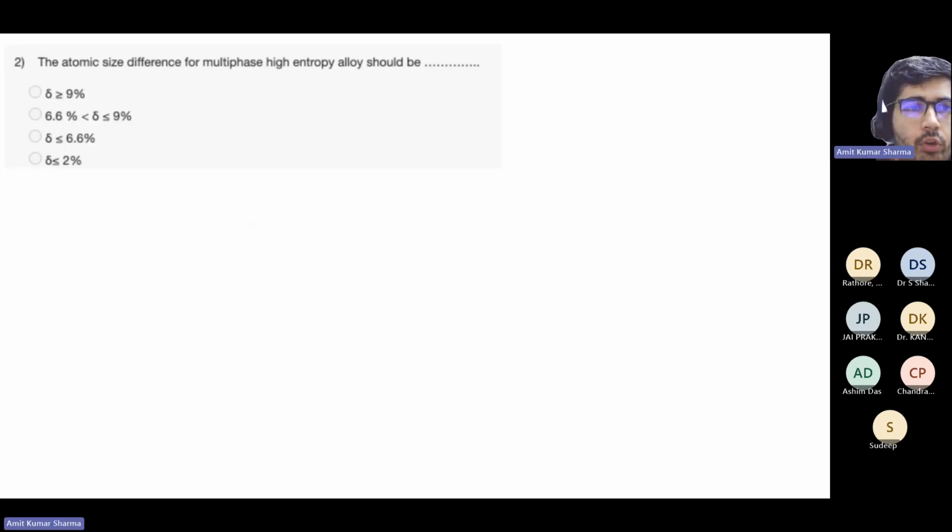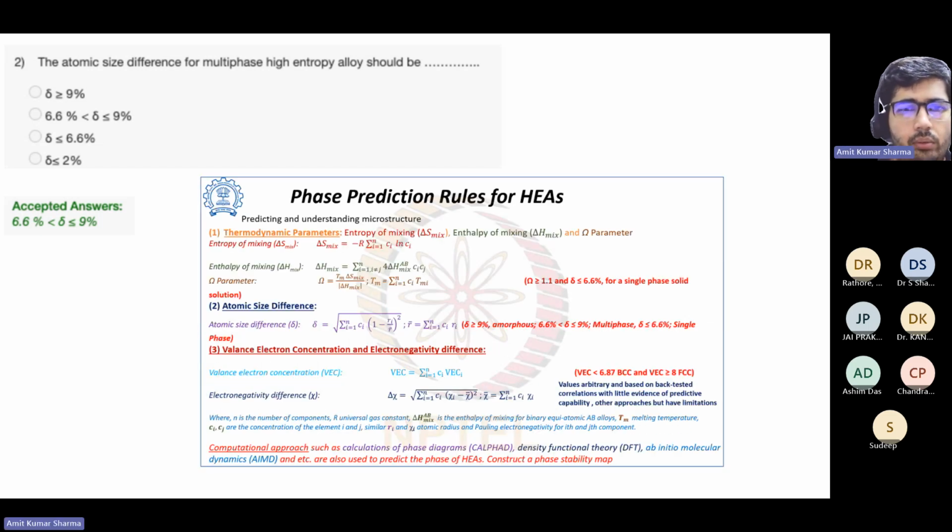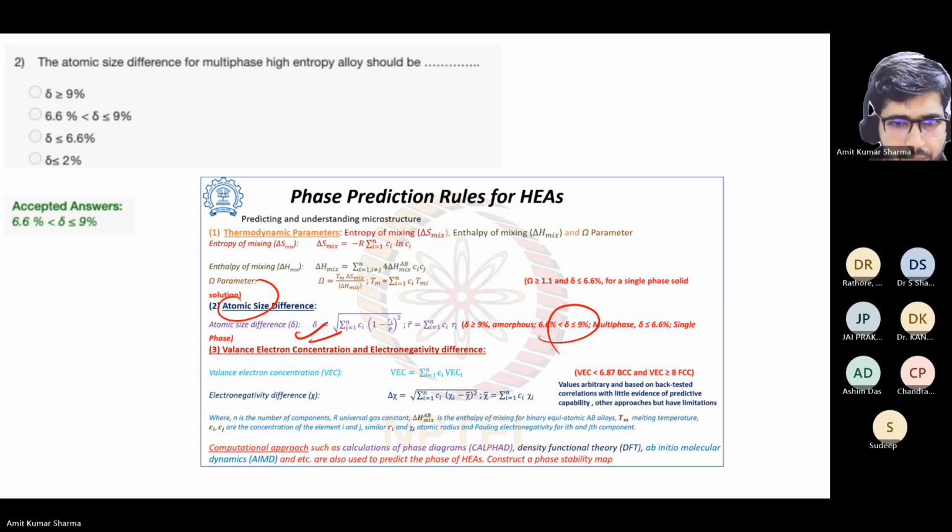The atomic size difference for a multi-phase high entropy alloy should be? Okay, the answer is 6.6% to 9%. The atomic size difference can be calculated using this formula, and it should be in this range.